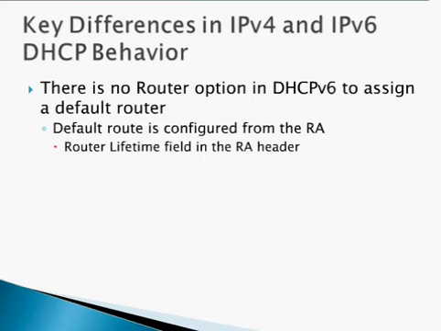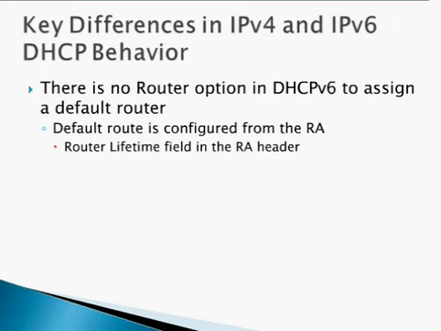First of all, there is no router equivalent to the router option in DHCPv6 to assign a default router. In DHCPv4, there's this router option, and you use it as a scope-specific option to configure the IPv4 address of the default gateway for that subnet.